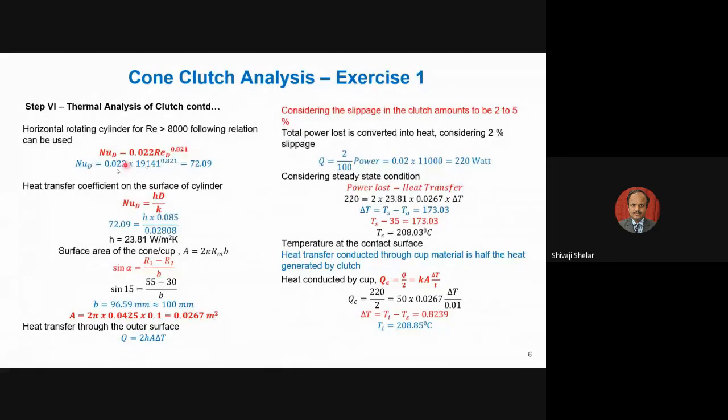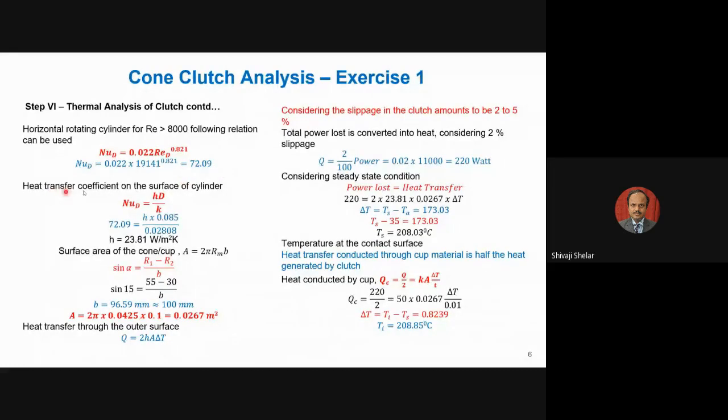So we get the Nusselt number, the dimensionless number, in terms of diameter, equal to 72.09. Now, you have to use this dimensionless number to determine the heat transfer coefficient around the surface.